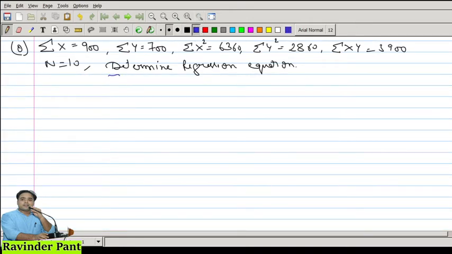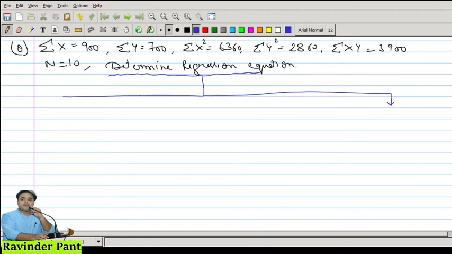Okay, so we need to determine this regression equation, and we know that we have two types of regression equations. One is y on x and the other is x on y.